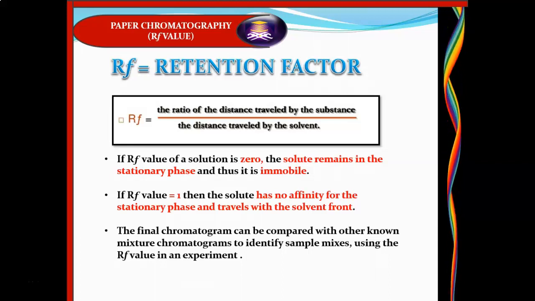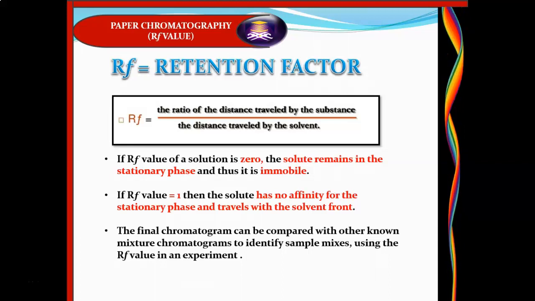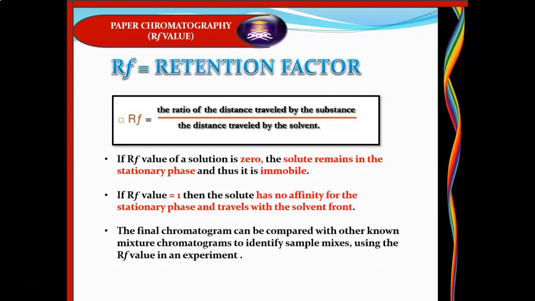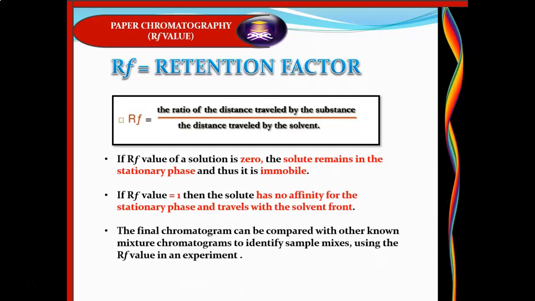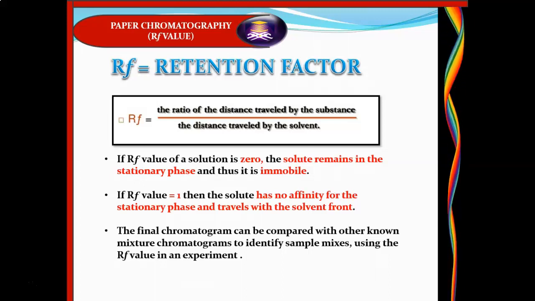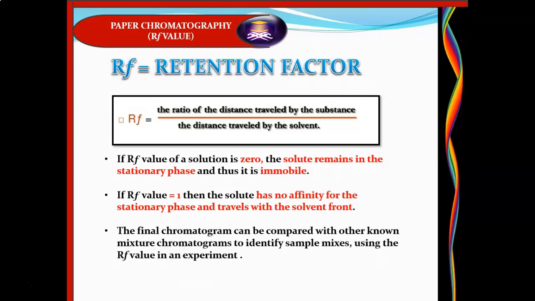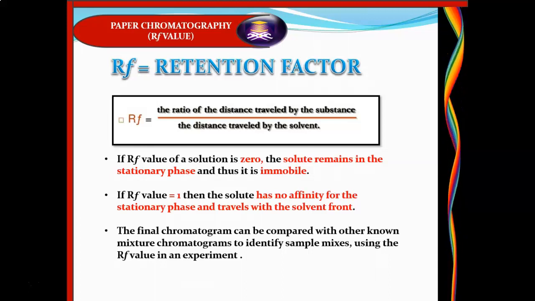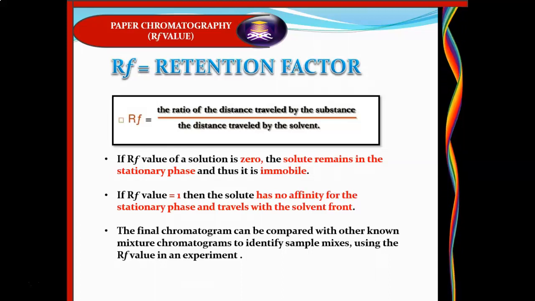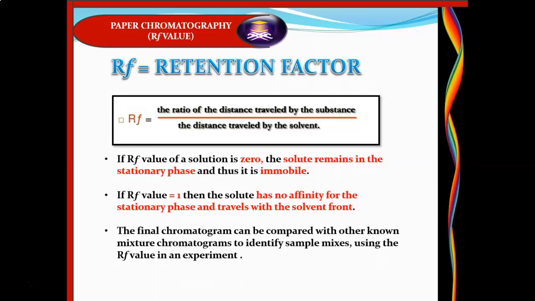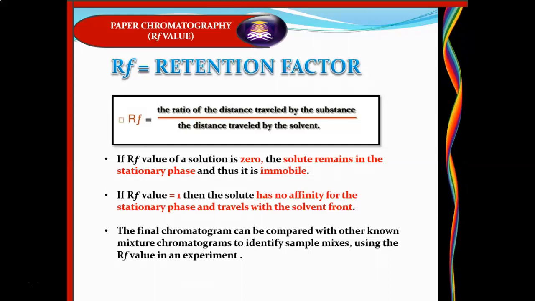Okay, if the retention factor value is equal to 1, then the solute has no affinity for the stationary phase and travels with the solvent front, right? Kalau retention factor awak sama dengan 1, maksud dia solute tu adalah bahan yang kita nak separate tu. Solute tu dia tak ada tendency toward the stationary phase, and it travels with the solvent front.